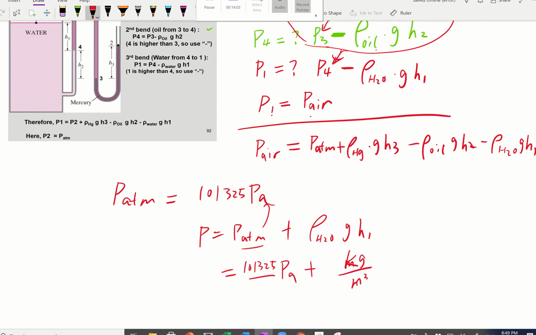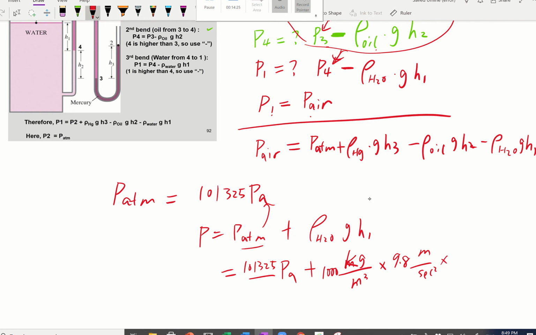If it's water, density is going to be 1,000 kilogram per meter cubed. Then times g, it's 9.8 meter per second squared.